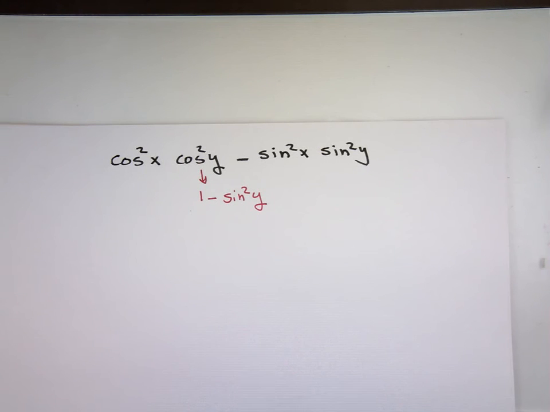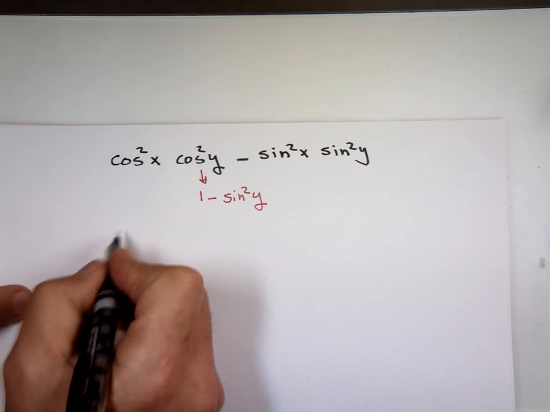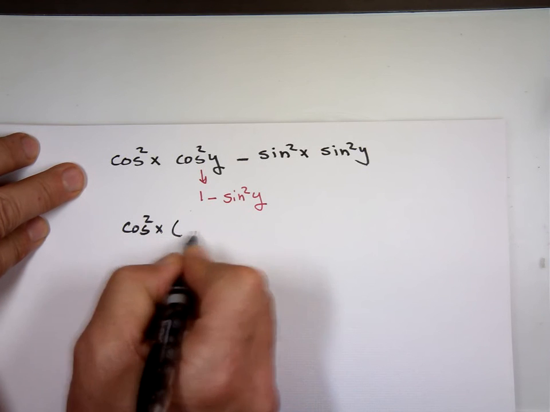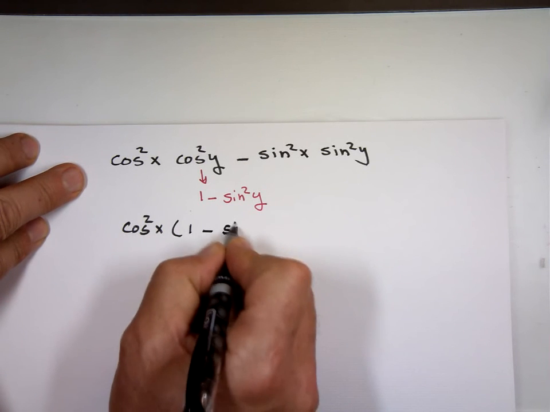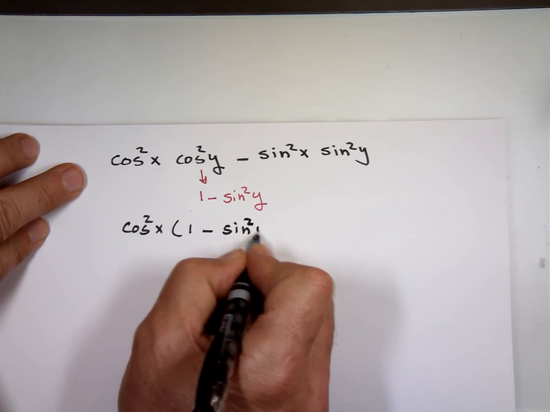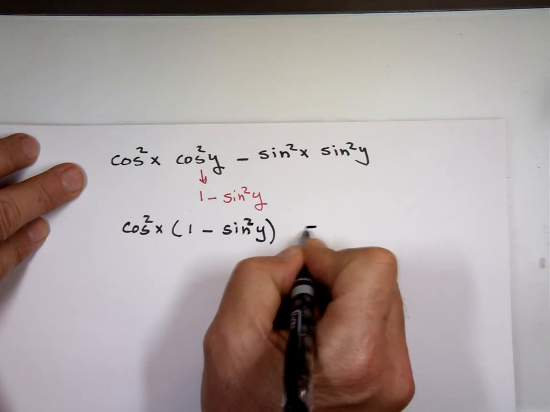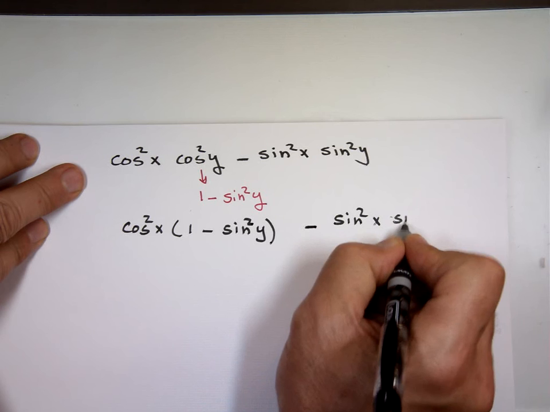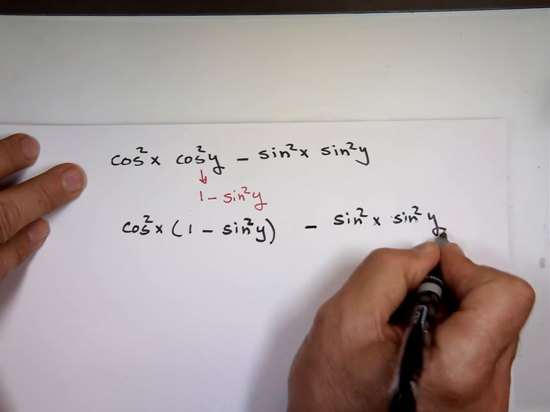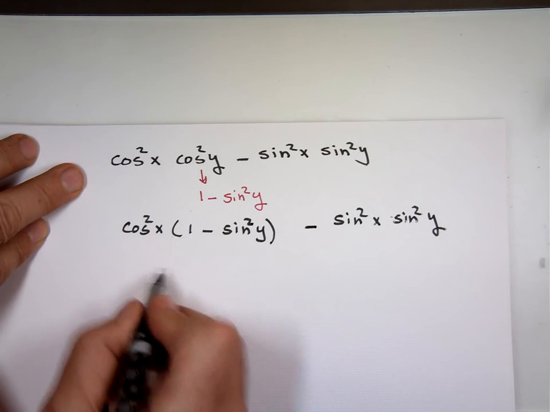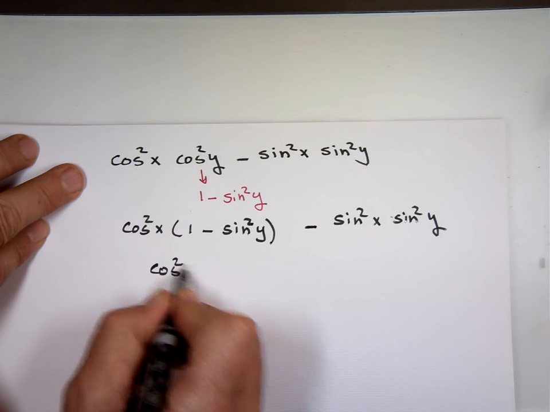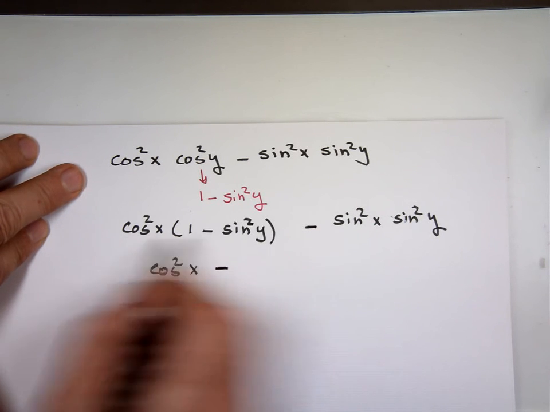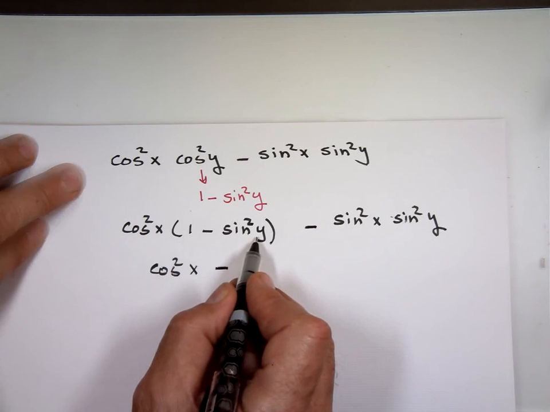I don't know if it will help. Let's see. So this will be cosine squared x times 1 minus sine squared y. What's cosine squared times sine squared?